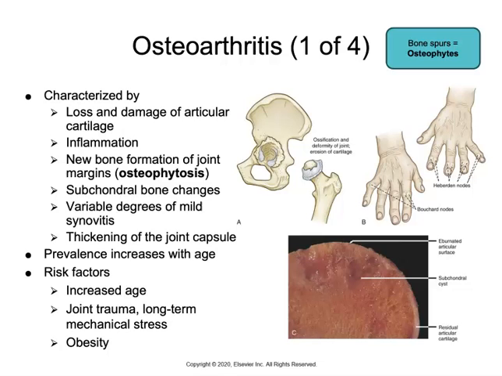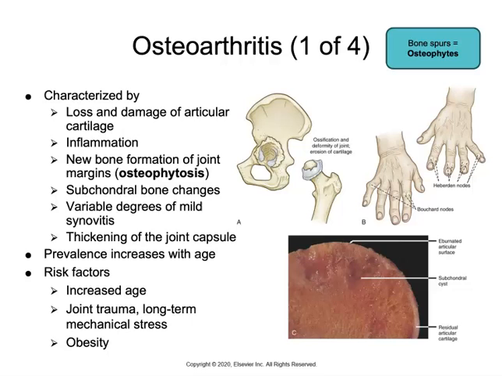in which osteophytes or bone spurs are going to develop as a result of narrowing of that joint space due to cartilage loss. We'll have subchondral bone changes take place. You can see a subchondral cyst within this area that we'll see in severe osteoarthritis cases.